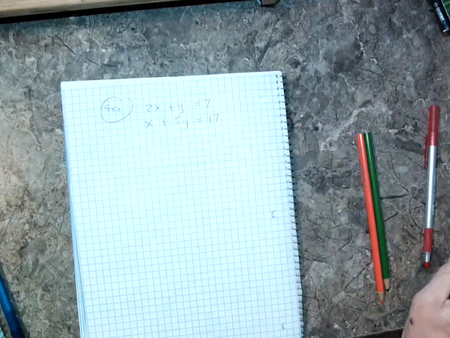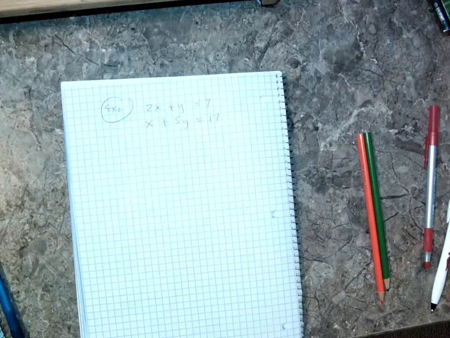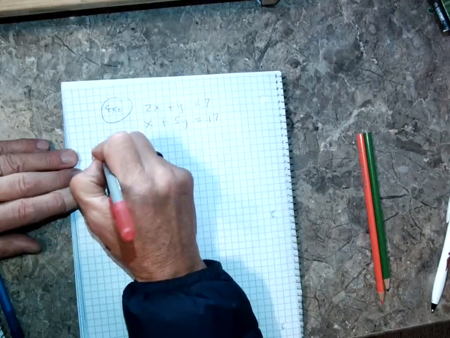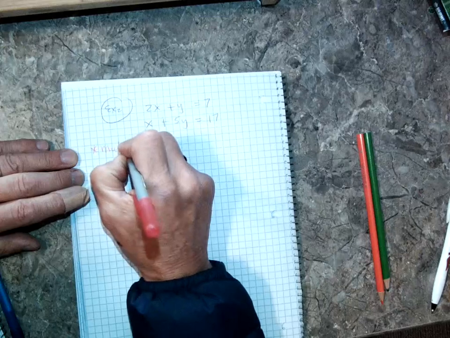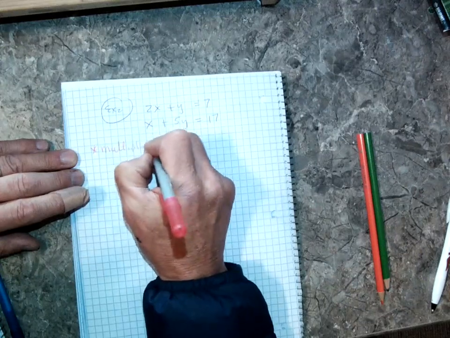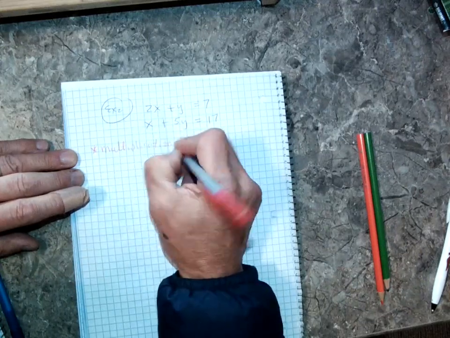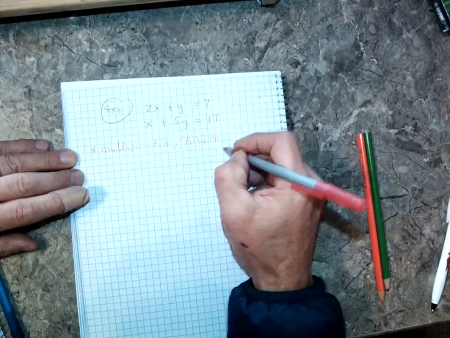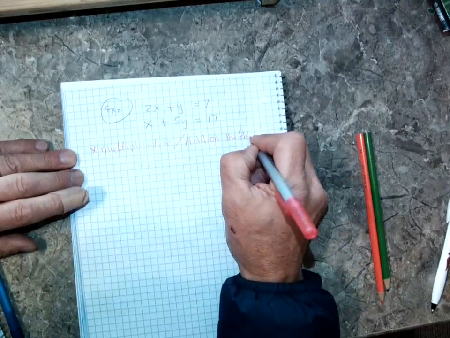Now, it's called the elimination method, but I also like to call it the multiplication addition method. And I'll show you why.